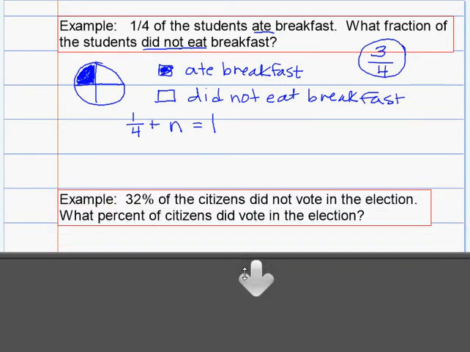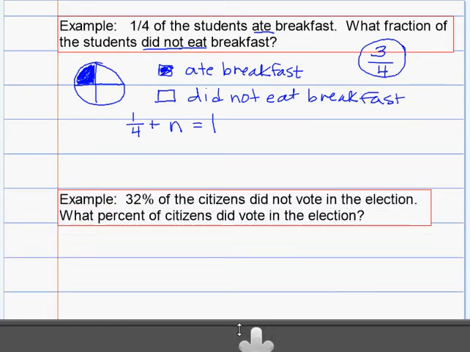Okay, next example, we're going to talk about percents here. Please write this in your notebooks again. 32% of the citizens did not vote in the election. What percent of citizens did vote in the election? Okay, again, they tell us that we have 32% that did not vote, and we want the percent that did vote.